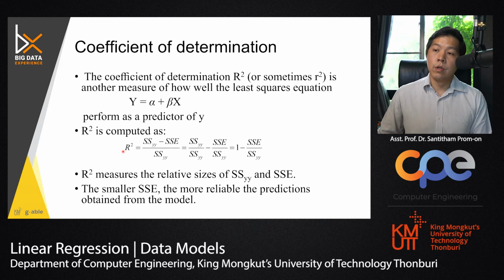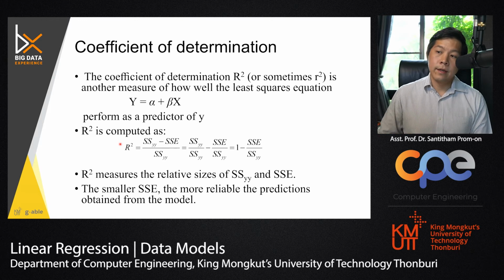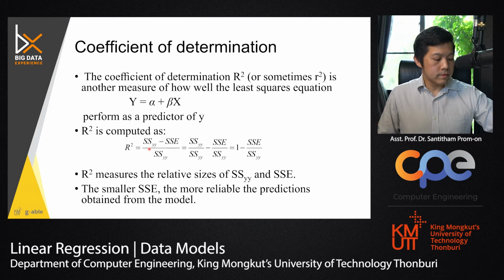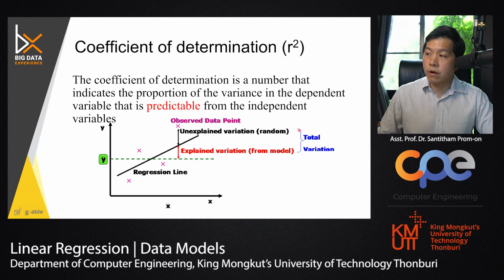How do we do so? By using the blue part and the black part. This is the blue part, SSYY, the sum of squares of y, drawn from the comparison between the points and the mean.